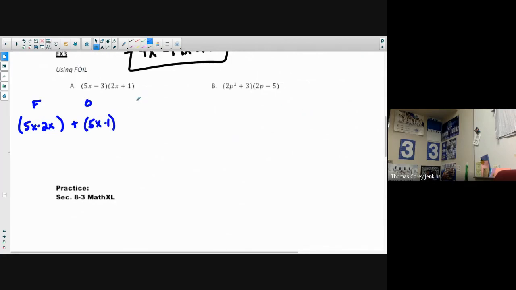I would stand for the 2 inside terms. So that's -3 times 2x. And L stands for your 2 last terms. So -3 and plus 1.